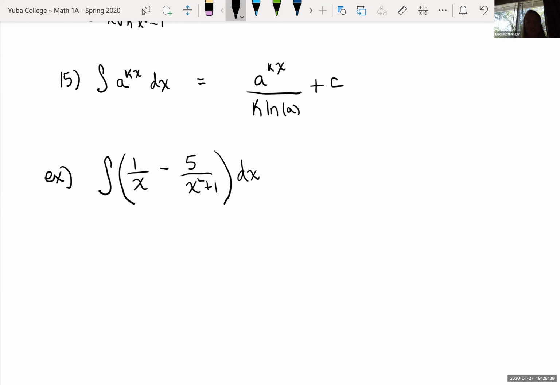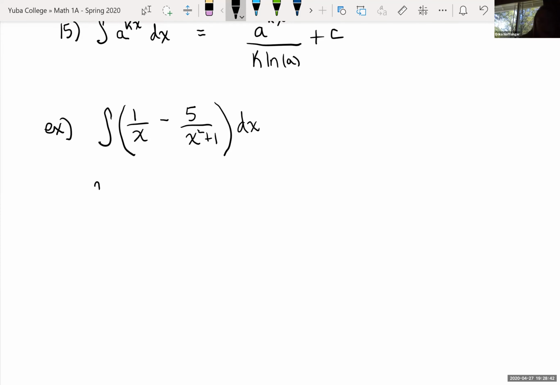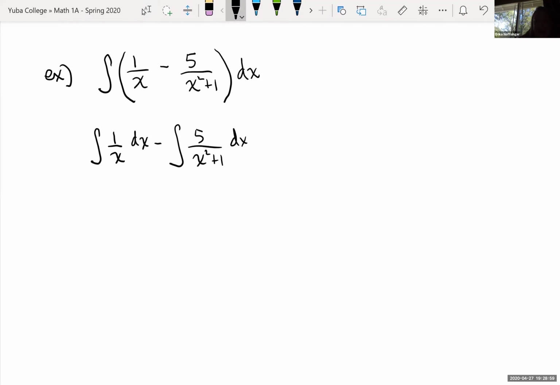There are rules of integration, so technically I can rewrite this as the integral of 1 over x dx minus the integral of 5 over x squared plus 1 dx. That constant 5, I can pull out front. So this is really negative 5 times the integral of 1 over x squared plus 1 dx.